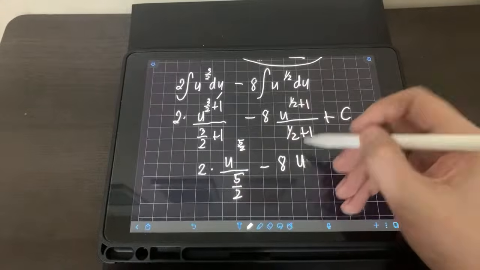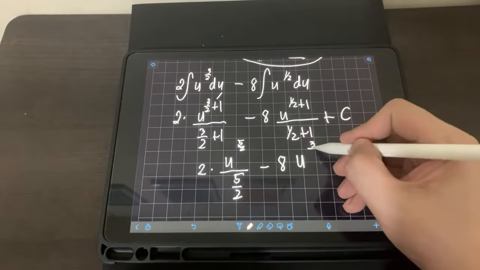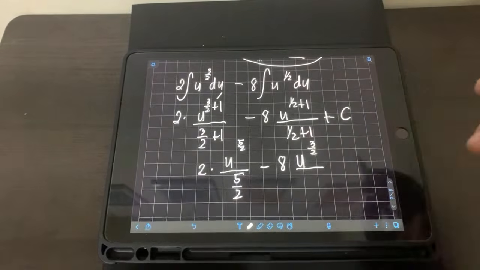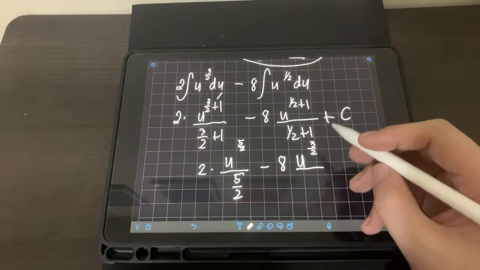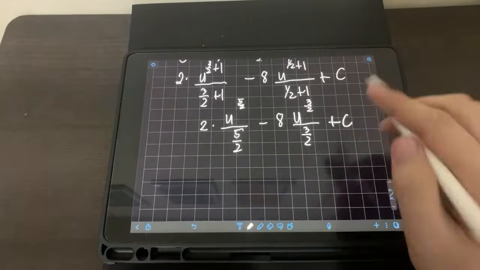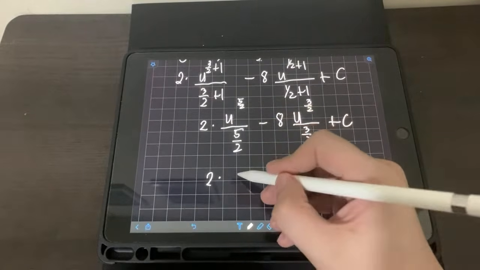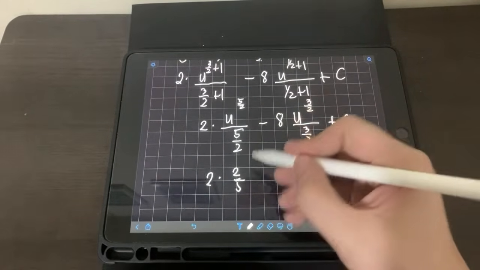Minus 8, u to the, how about 1/2 plus 1? 1 and 1/2 or 3/2. Okay, divided by 1 and 1/2 plus 1 also 3/2. Plus c. And then, multiply 2 times, you get the reciprocal of 5/2, 2/5. Okay?